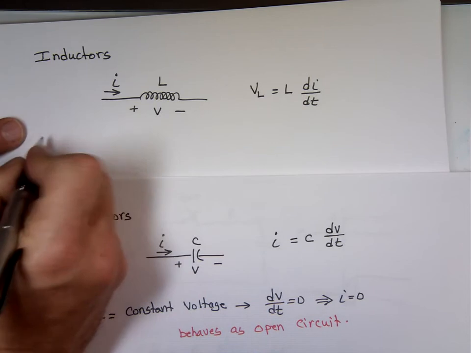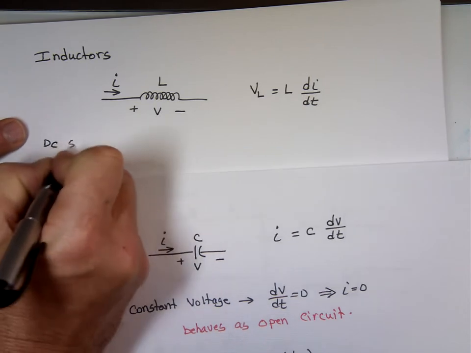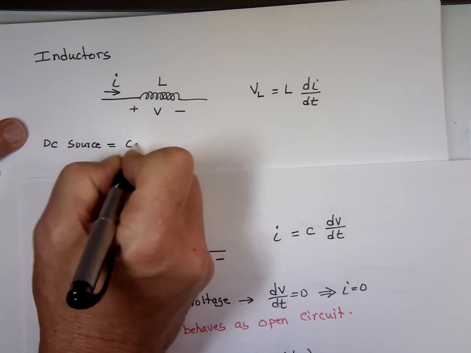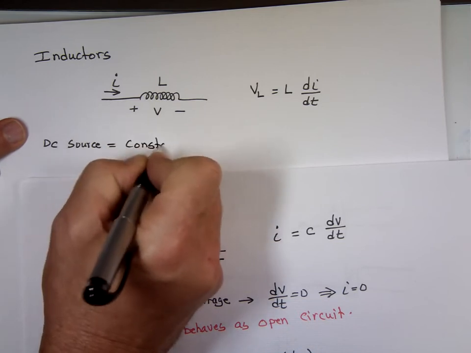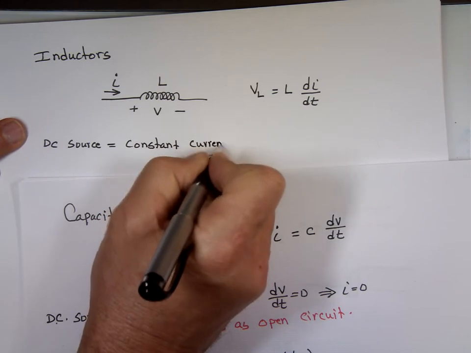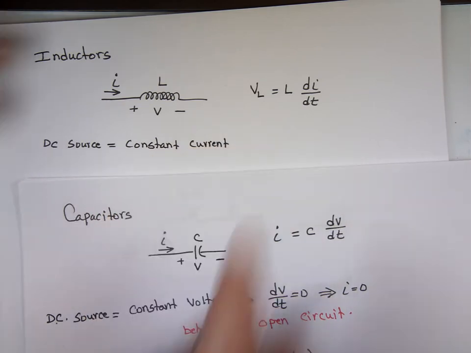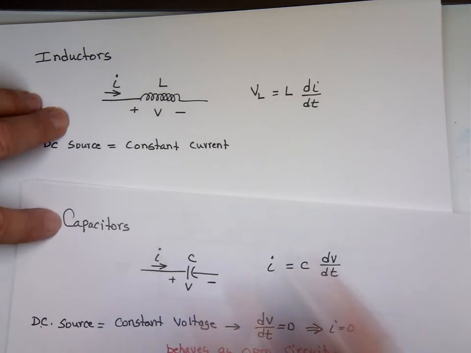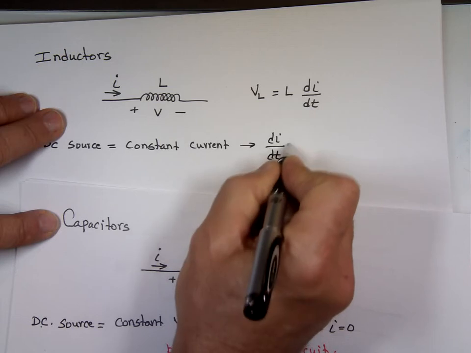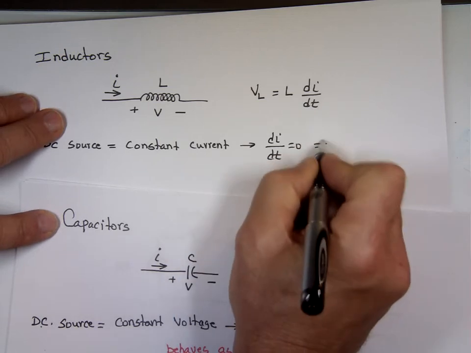We discussed in terms of a DC source, which means constant, but not constant voltage here, constant current. If you have a constant current, what's the derivative of any constant? di/dt will be 0, which means your voltage will be 0.